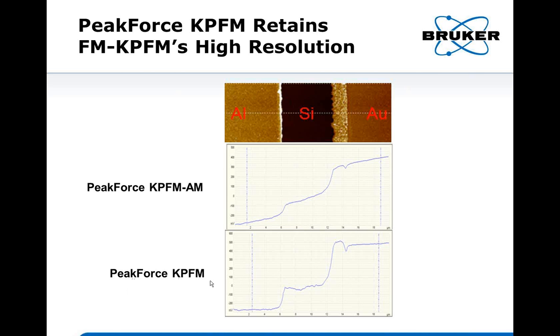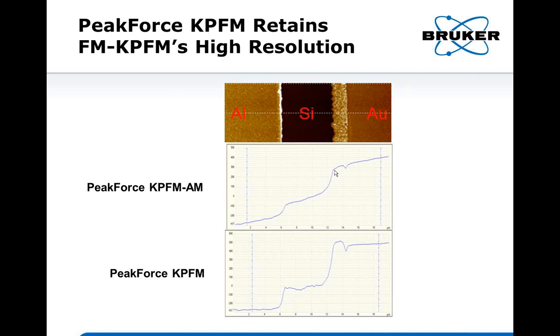And for the PeakForce KPFM, let's say again the frequency modulation KPFM, you see on the gold side it levels. So this is what you expect. It should level on gold, it should level on silicon, and it should level on aluminum. And this is not the case for PeakForce KPFM AM mode. Why?